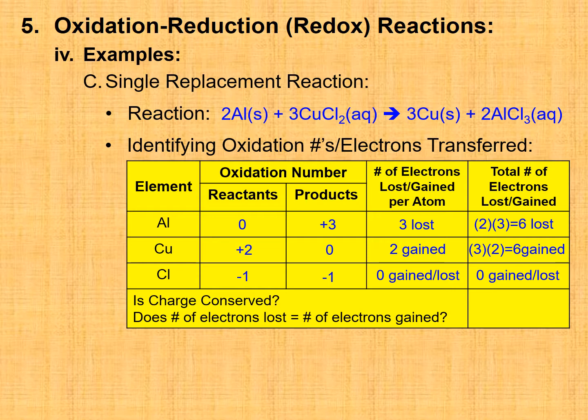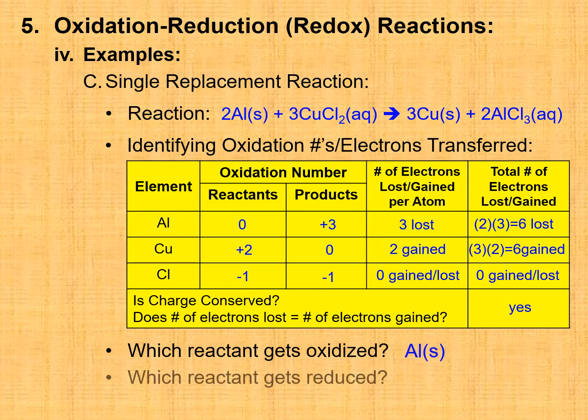So we see that while charge is transferred from one species to another, the net charge is conserved in the reaction. So in this reaction, we discover that aluminum gets oxidized since it loses electrons, while copper gets reduced since it gains electrons. And as we've already stated, the chlorine gets neither oxidized nor reduced in the reaction.